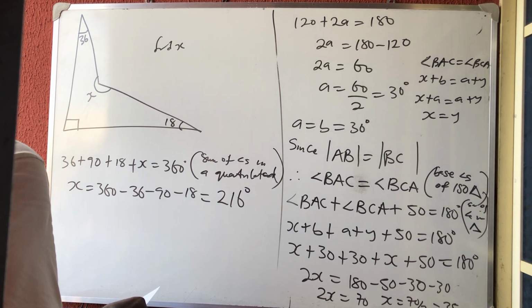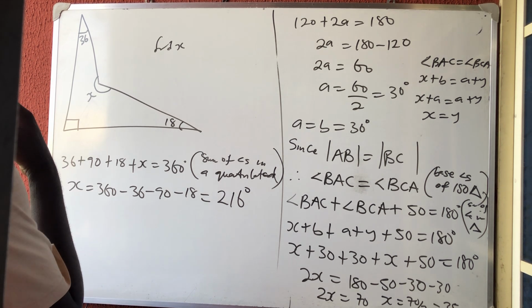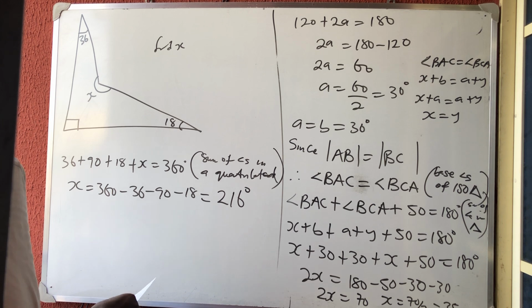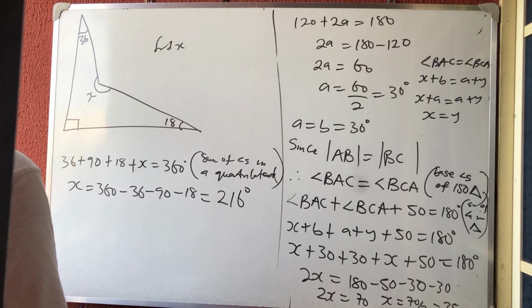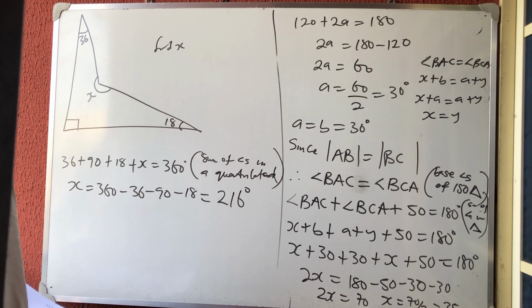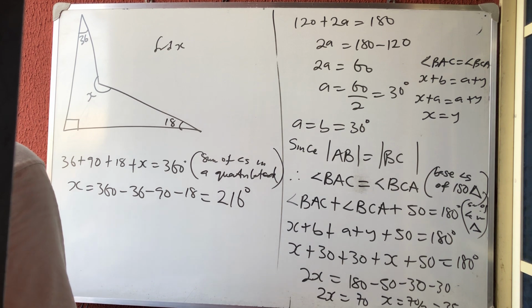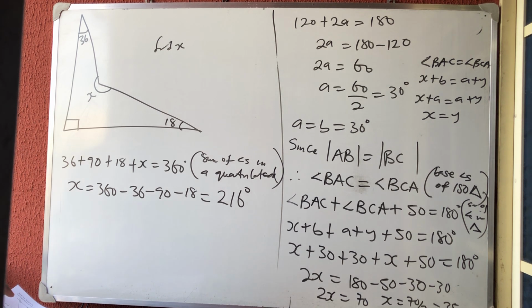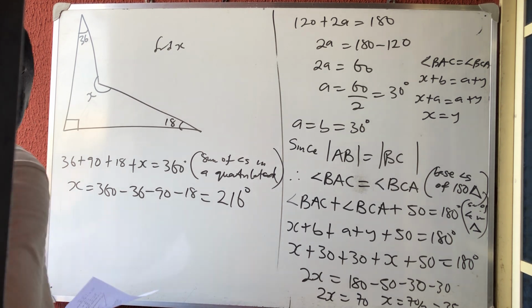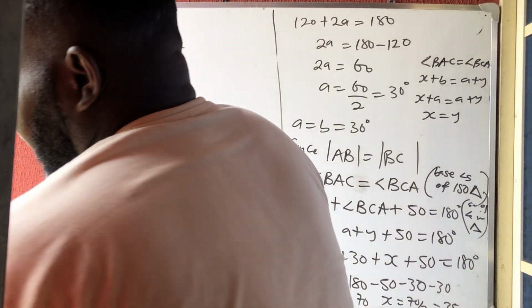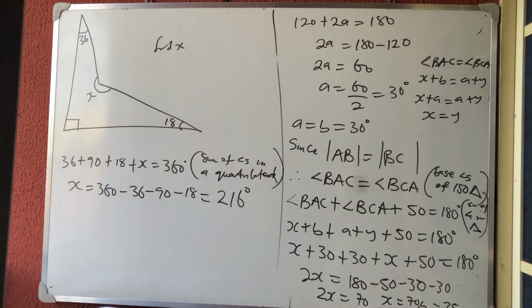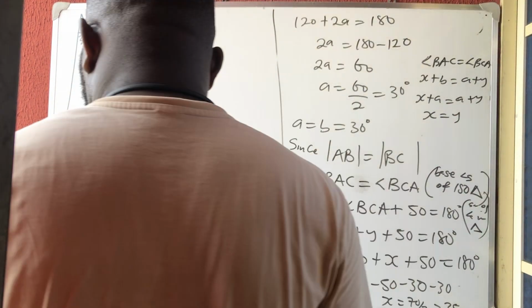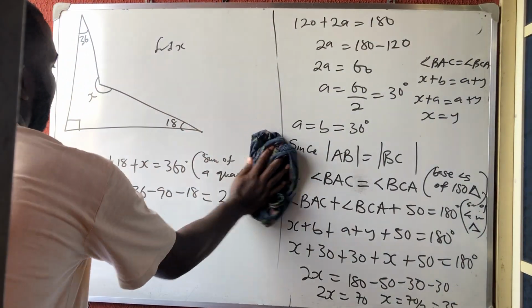So the next one. All right, so we have tried for this. Let me check my time. Okay, so let's solve one more question and then we are good to go.